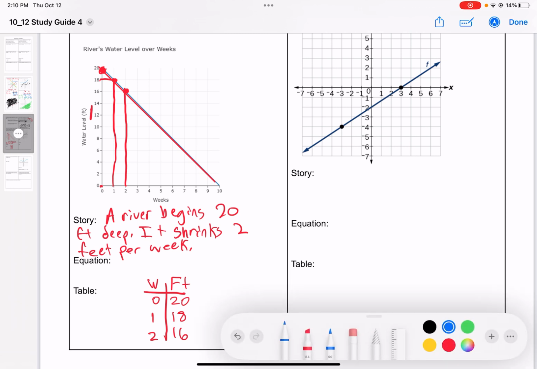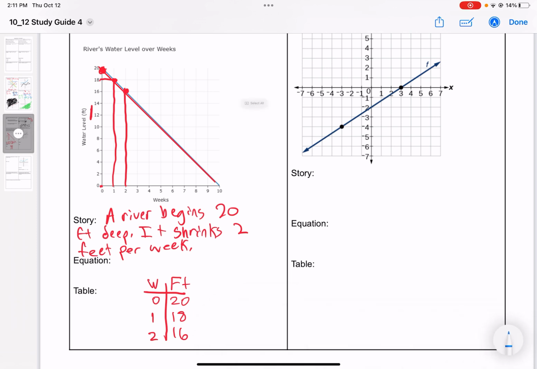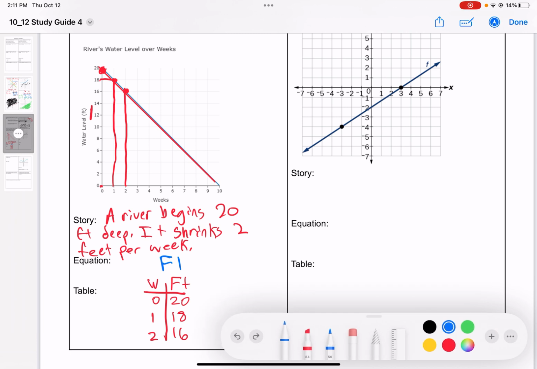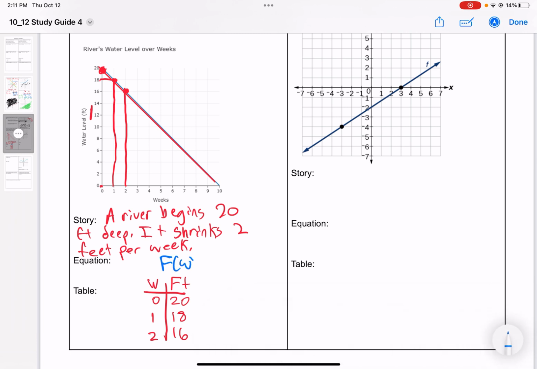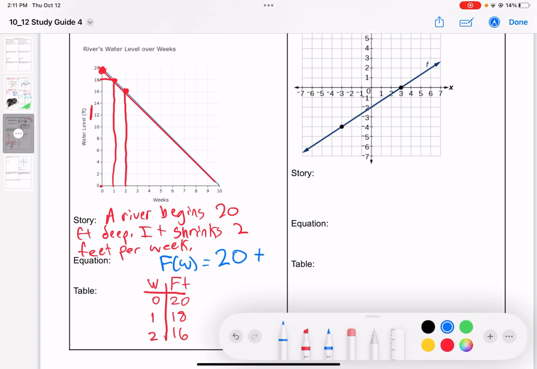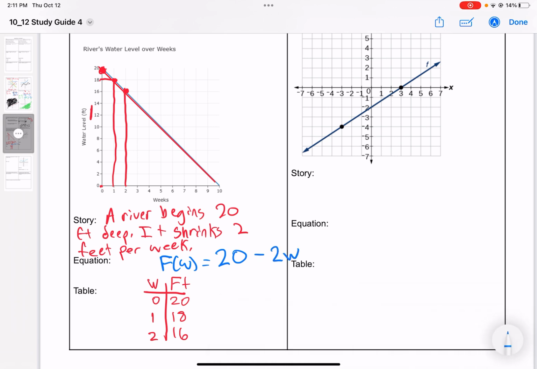And I can write an equation, I'll do it in blue so you can see it clear, that tells me that same information, right? Let me say f of w, so function notation. So the input, the amount of weeks, well, it began at 20 and it goes down 2 feet per week, right?